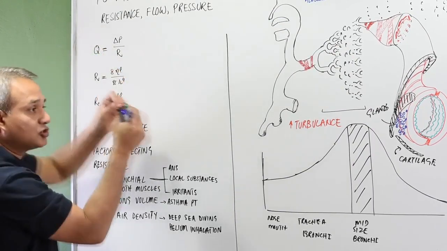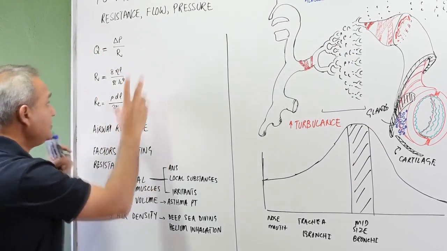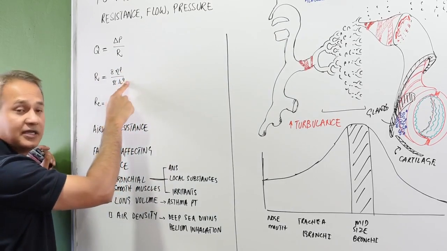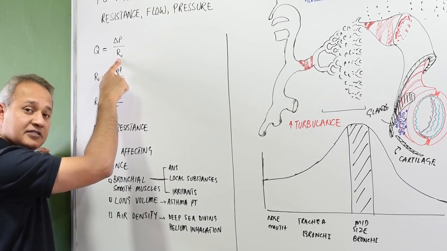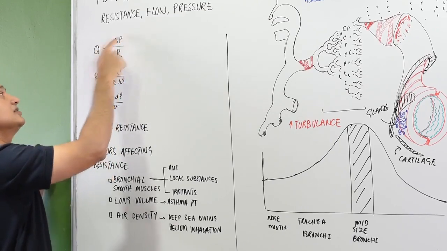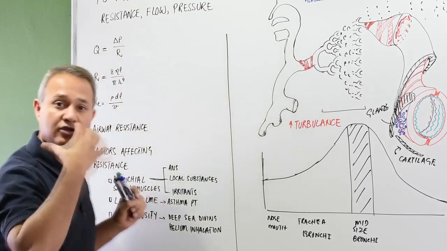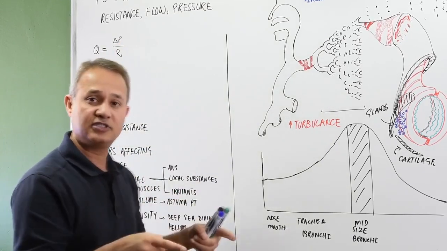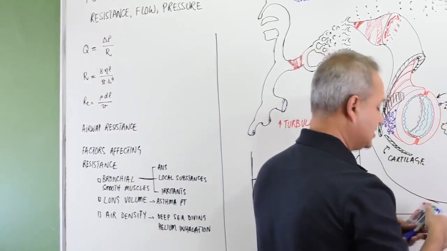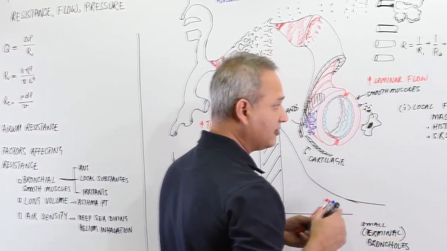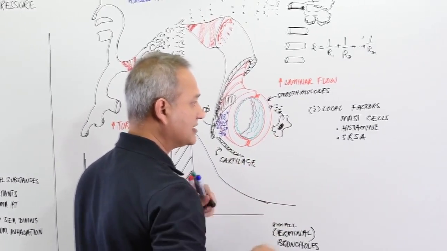These are the dots you have to connect: change in radius is going to increase or reduce the resistance, and change in resistance is going to change the flow of air through the airways, and that is the pathology or absence of it. So local factors: slow substances of anaphylaxis and histamine.